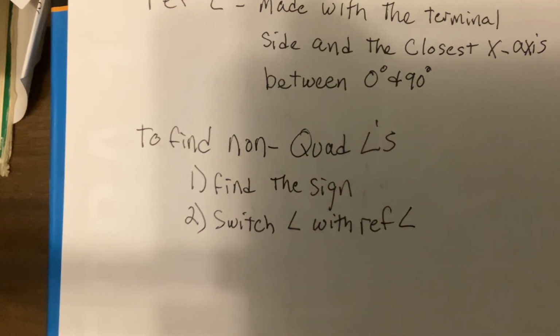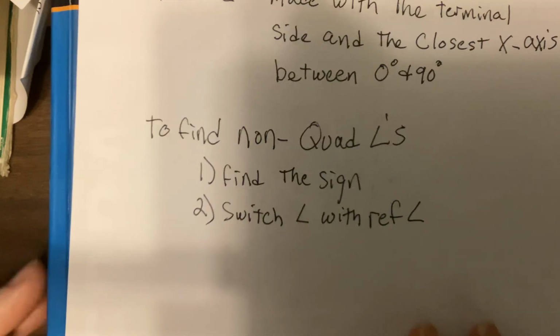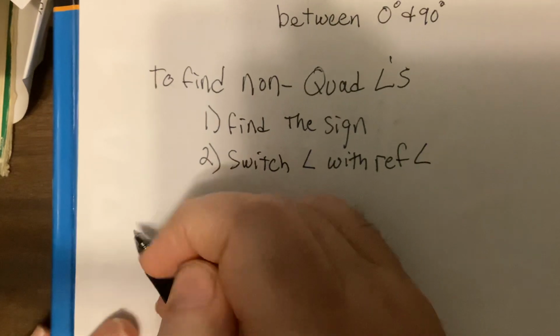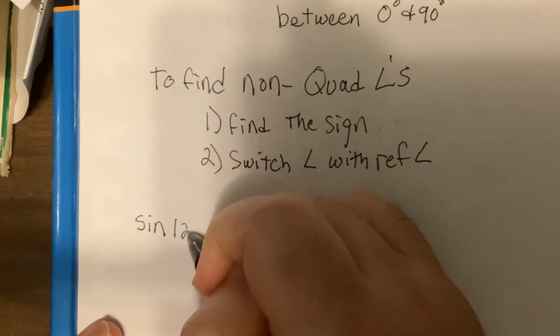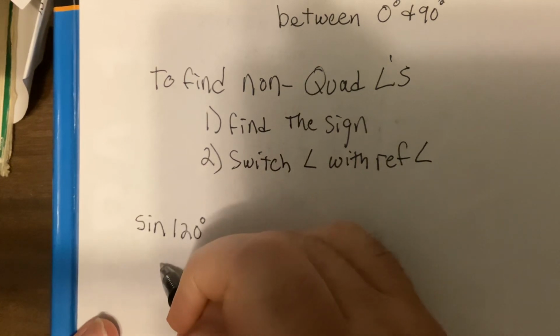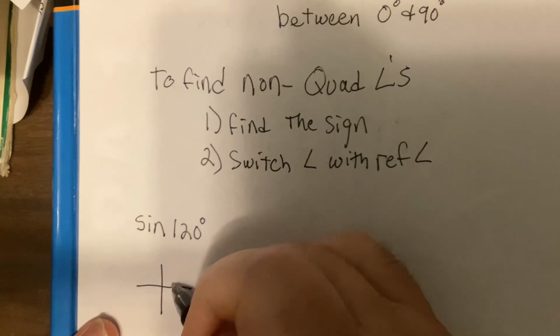So mathematicians found a pattern with the quadrants, 1, 2, 3 quadrants, I meant to say. They found that the trig functions repeat themselves except for the sign, S-I-G-N. So if I said, what is the sine of 120 degrees? Now I like to make a little drawing.